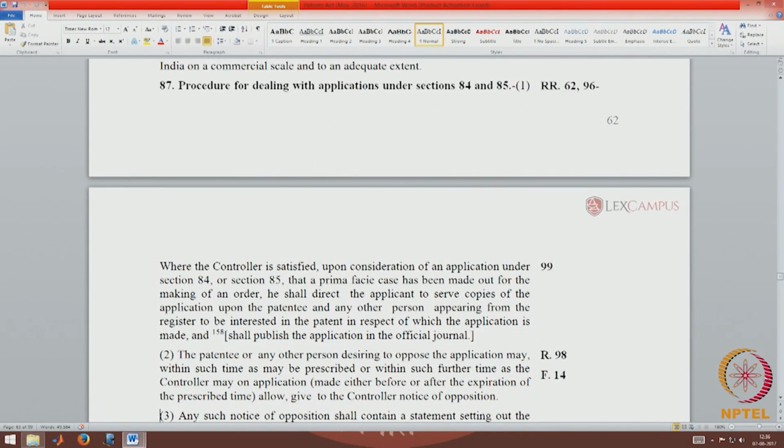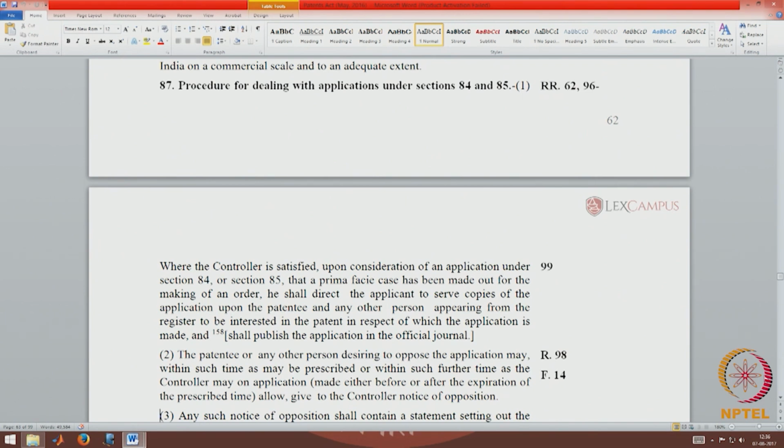Procedure for dealing with applications under section 84 and 85. Now, 84 and 85 are connected because 85 comes into operation only after going through the steps of 84.